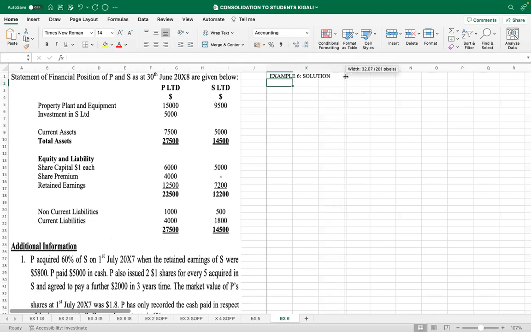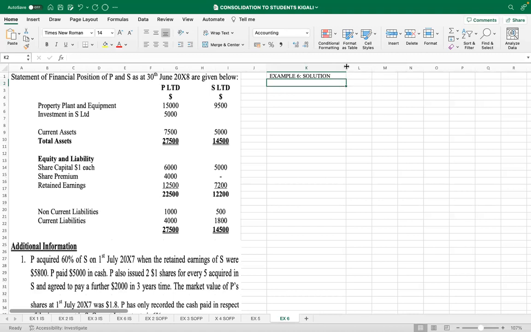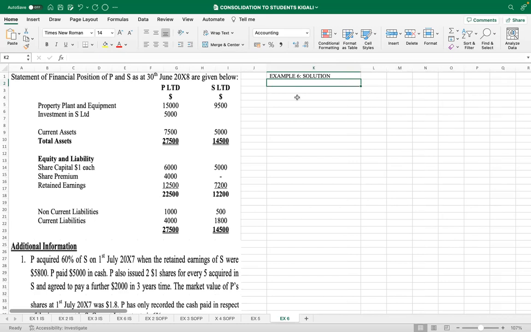Once you are done with that, that is when you go and do the workings. So we are in example 6, the solution. What is the name of the company? The name of the group is P Group.